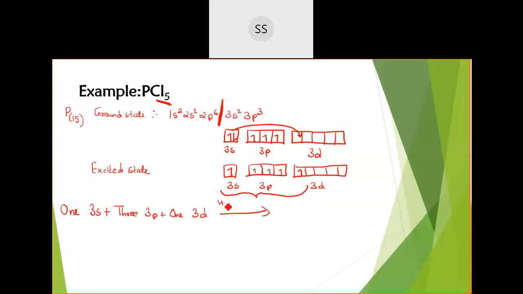That is hybridization. These undergo hybridization to give altogether 5, because 1 plus 3 plus 1 is 5. So it will give you 5 sp3d hybrid orbitals. These 5 hybrid orbitals will arrange themselves in this fashion.